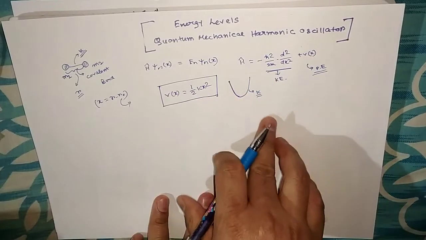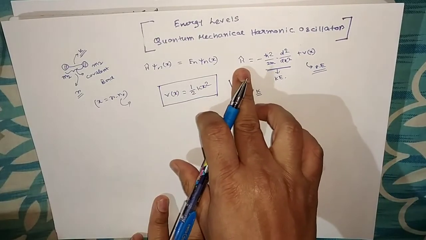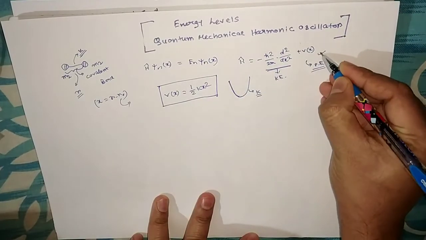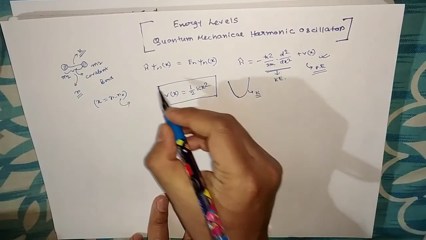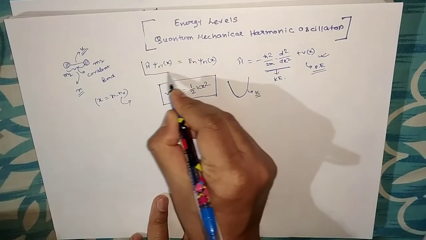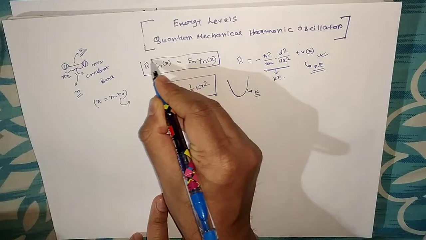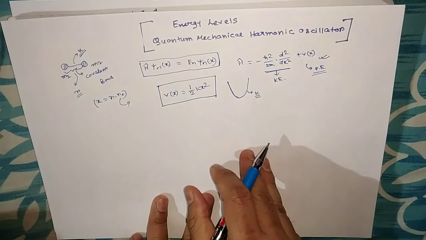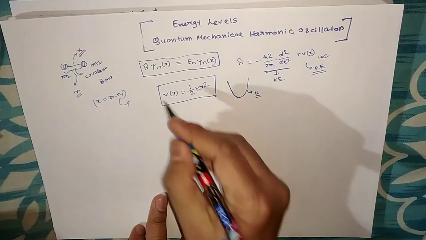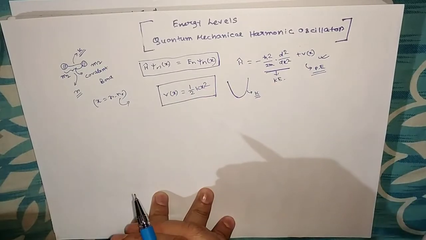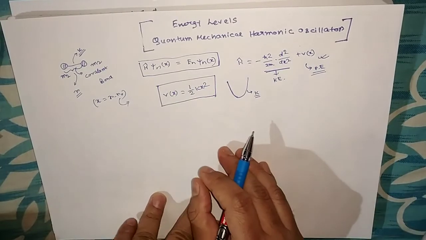So we can see that for this Hamiltonian operator, the V(x) function we know. At least one function we know, and this is the Schrodinger's equation from which we will solve the energy expression for the harmonic oscillator model system, where psi is the wave function.